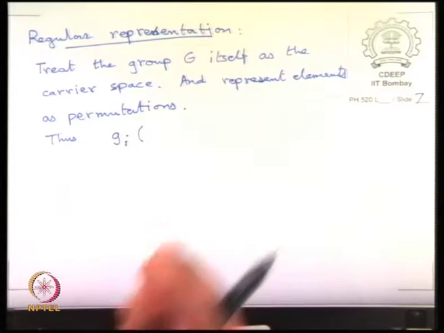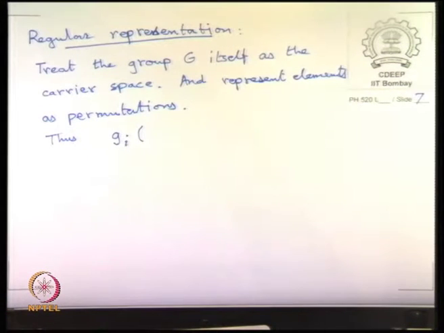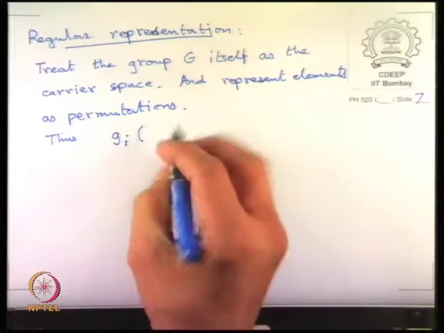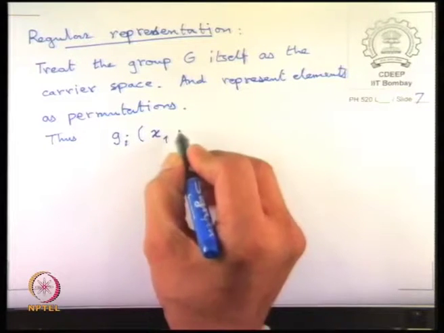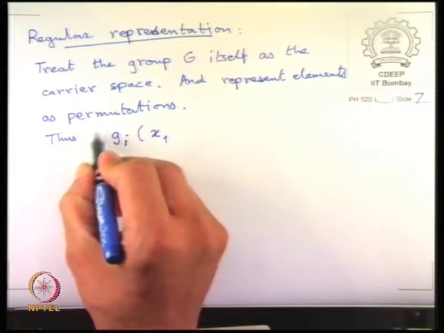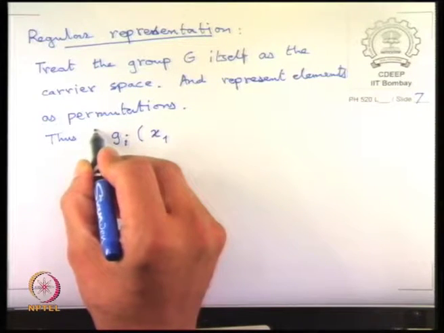And so we make the rule that G, which is the action of some element Gi on, right, so we treat these as essentially components. So representation D, or how should I write this?